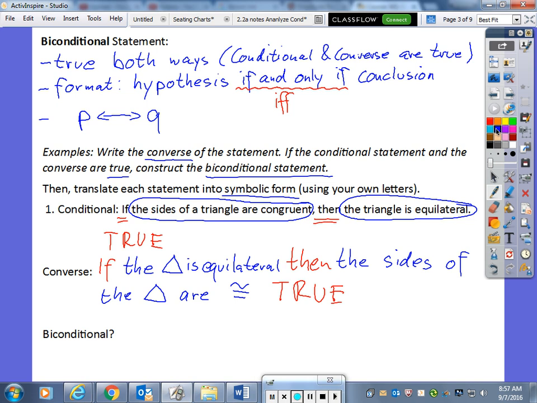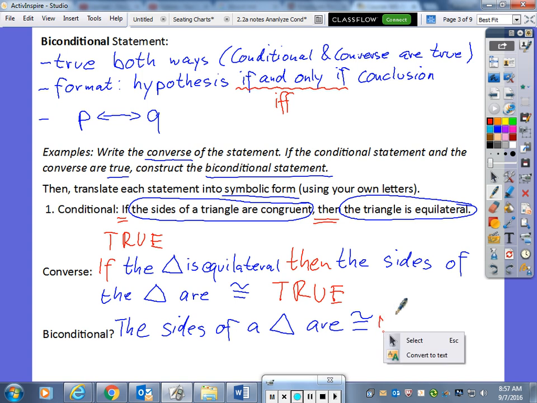Our biconditional will state our first hypothesis: the sides of a triangle are congruent if and only if the triangle is equilateral.